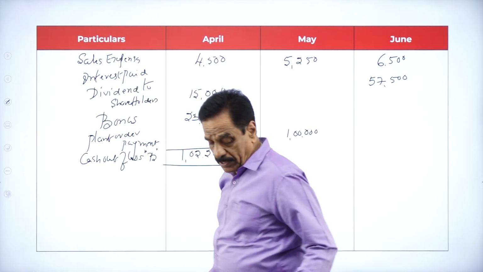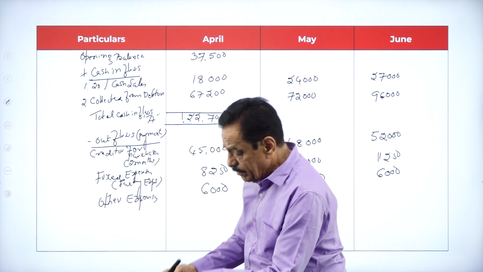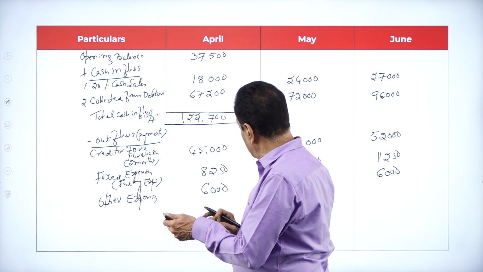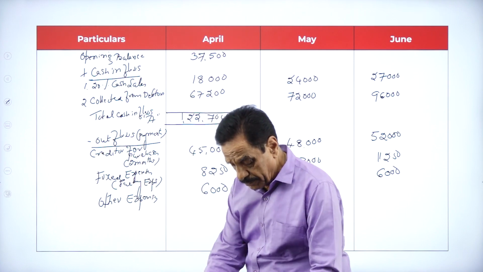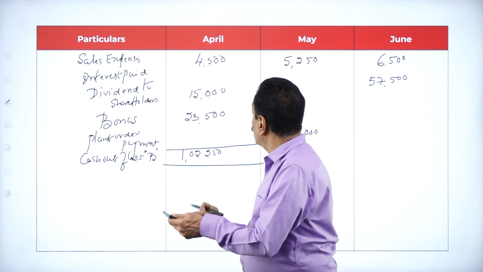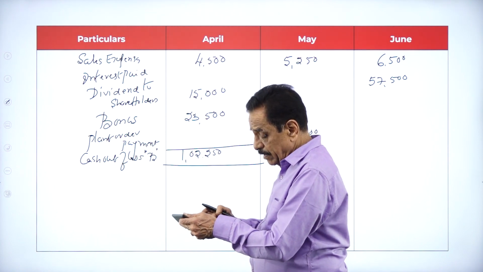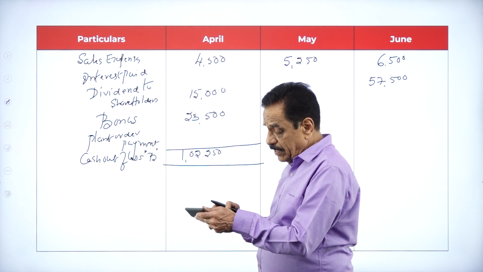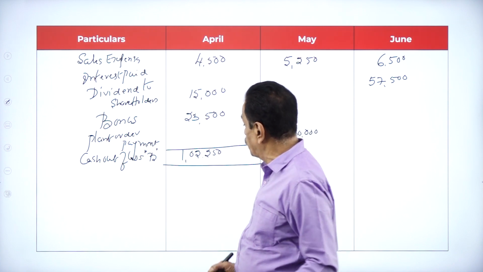Once again, we can check. This is 45,000 plus 8,250 plus 6,000 plus 4,500 plus 15,000 plus 23,500. 1,02,250.